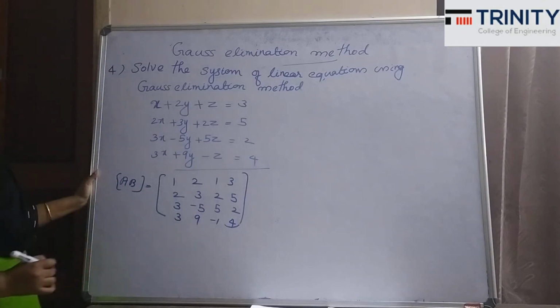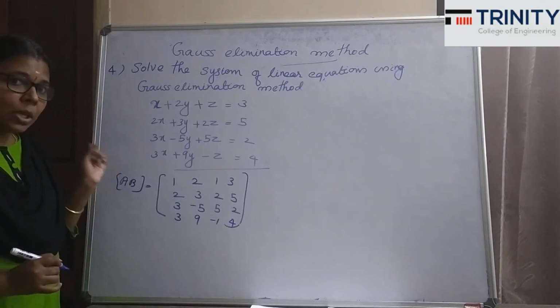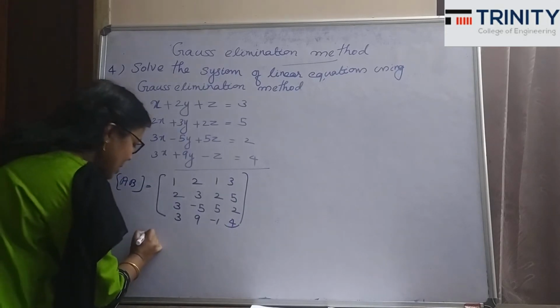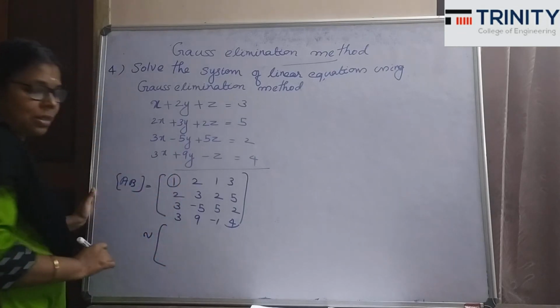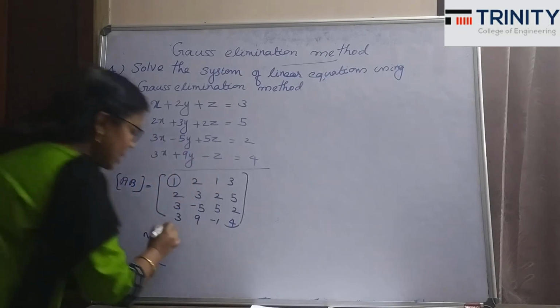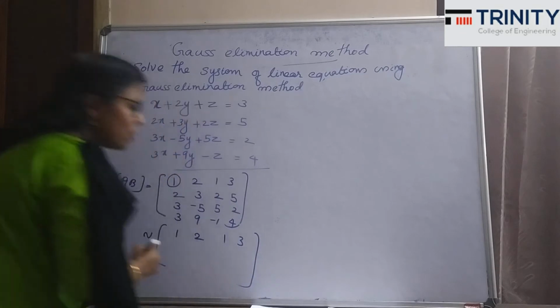Then 3, 9, minus 1, 4 as fourth row. Now we have to reduce this into row reduced echelon form by using some elementary row operations. The first element of the first row is 1, therefore no need to change the first row. That is 1, 2, 1, 3 is a fixed row.